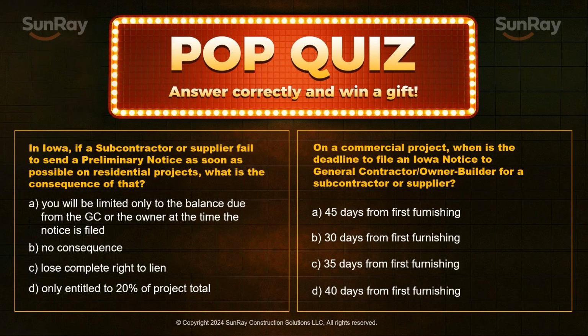And then the second question, on a commercial project, when is the deadline to file an Iowa notice to general contractor or owner builder for a subcontractor or supplier? Again, if you think you know those answers, go ahead and write it in the chat or the questions area, and we will send you over a little gift if you win.